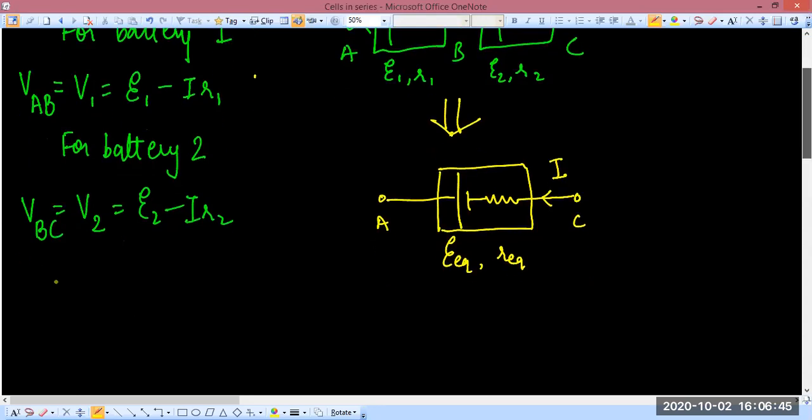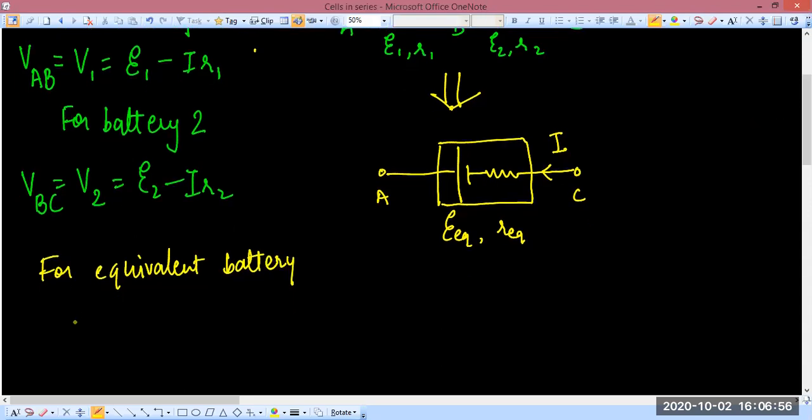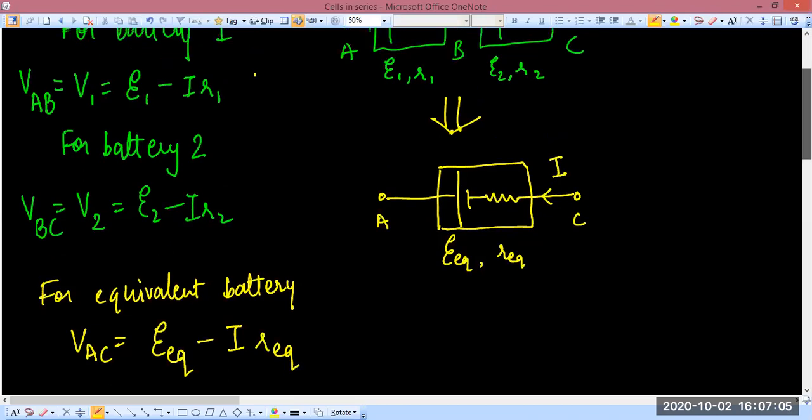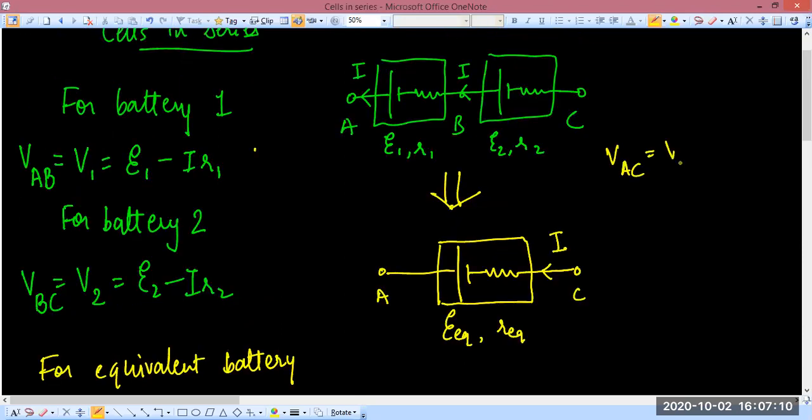So what I mean to say is, for the equivalent cell or battery, write it properly, you could write VAC is equal to epsilon equivalent minus I into R equivalent. But clearly based on this diagram, I don't think anyone has any problem with this, that VAC is actually equal to VAB plus VBC. I'm sure all of you understand that.